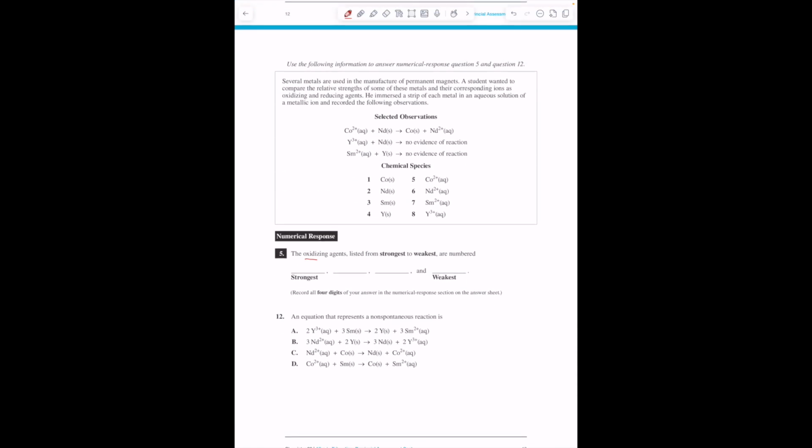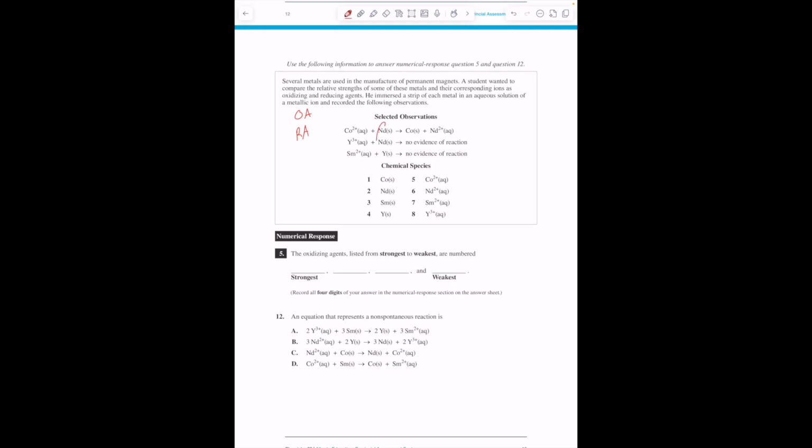Okay, well, they want to know the oxidizing agents listed from strongest to weakest. So basically, your standard table of reduction half reactions. The trick with any of these is always making sure you know which ones are the OAs and which ones are the RAs.